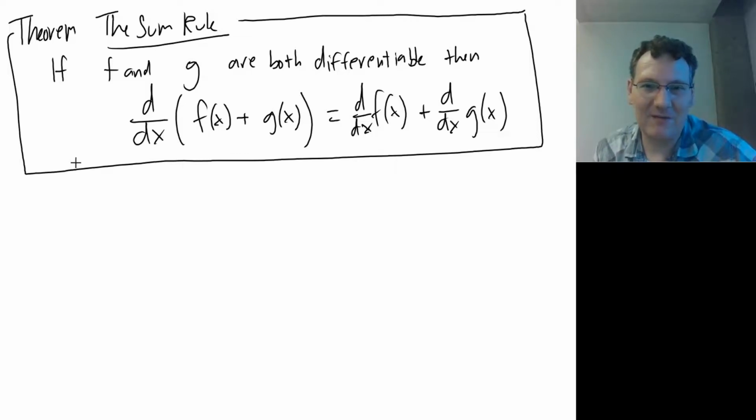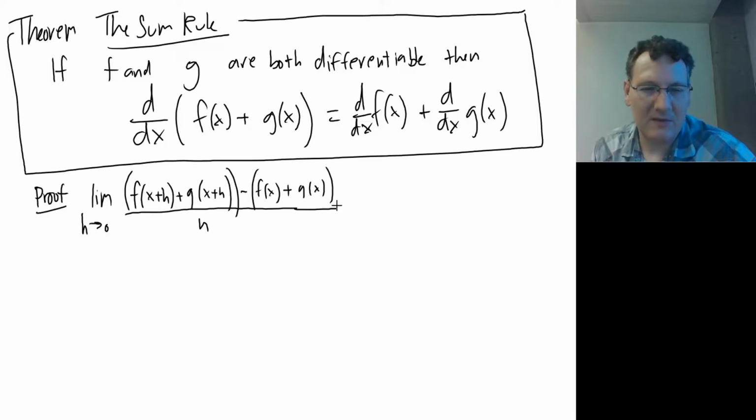And this again is going to follow from limit rules. So the derivative of f of x plus g of x would be the limit as h approaches 0 of f of x plus h plus g of x plus h, all of that, minus f of x plus g of x, all over h.